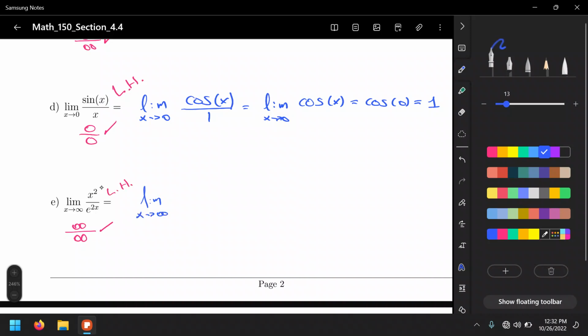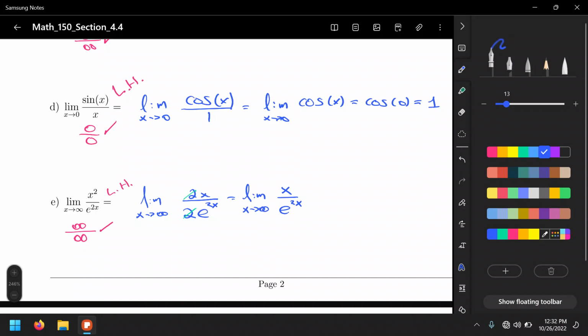Take the derivative of the numerator, which is 2x, over the derivative of e to the 2x, which is itself e to the 2x, times the derivative of the exponent by chain rule, which is 2. Notice how we can divide out these 2's. That's going to leave us with limit x over e to the 2x as x approaches infinity.